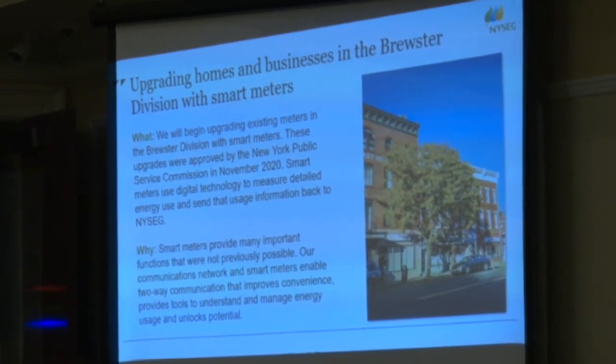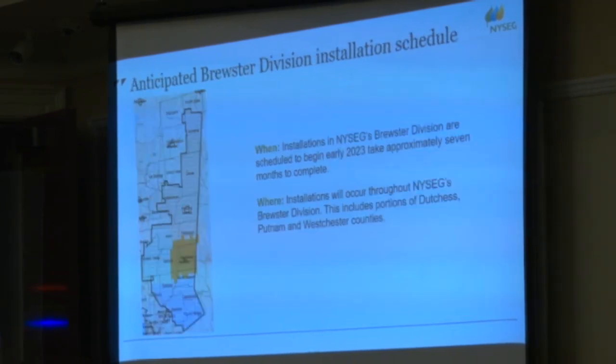Our other Avangrid company, Central Maine Power, has already implemented this. Other utilities such as Con Ed have implemented this down in Westchester. So for the NYSEG Brewster Division, we're looking to begin in early 2023, and that's going to encompass Dutchess, Putnam, and Westchester counties.